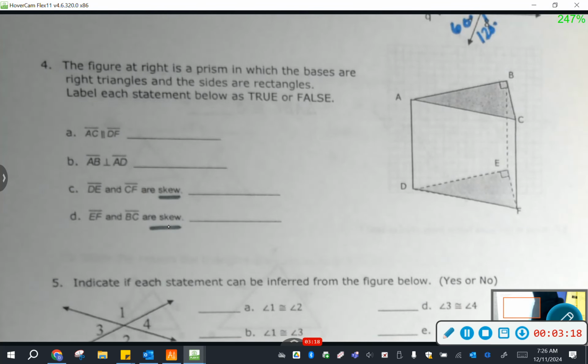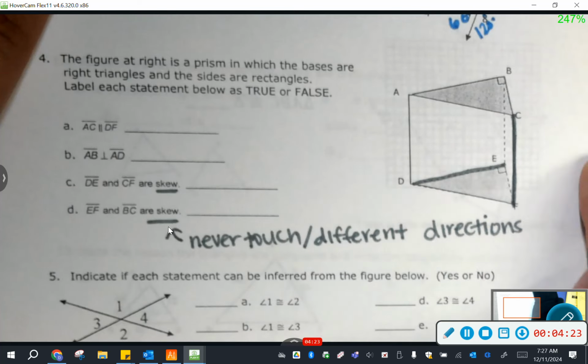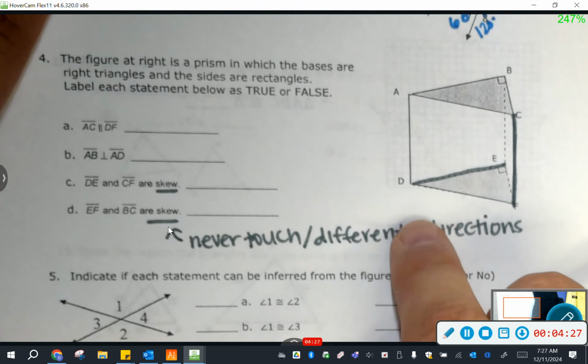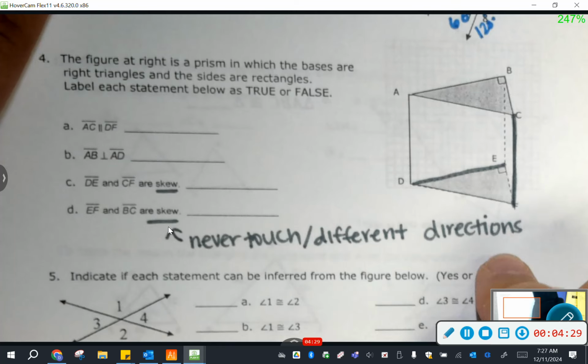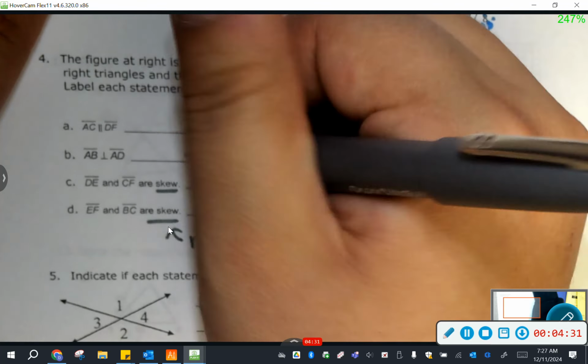So, DE and CF. Are these lines ever intersecting, going on forever and ever? No. Are they going the same direction? No. So these are skew lines. That is true.